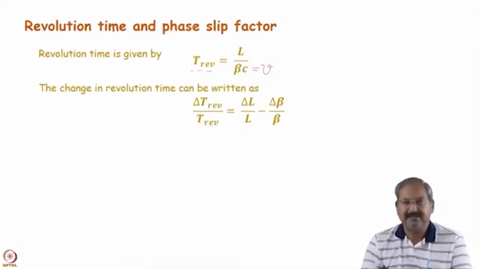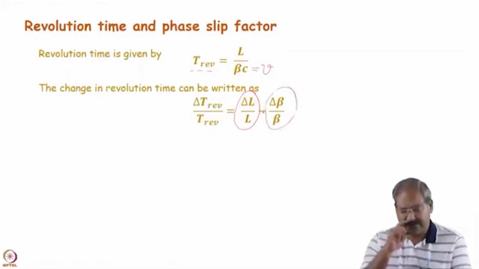This beta is the relativistic factor. So delta T by T will be delta L by L minus delta beta by beta. It means as momentum changes, we have calculated the change in the path length, and as momentum changes, speed may also change. So this is the change in the speed.